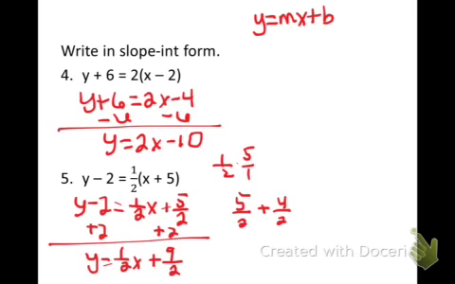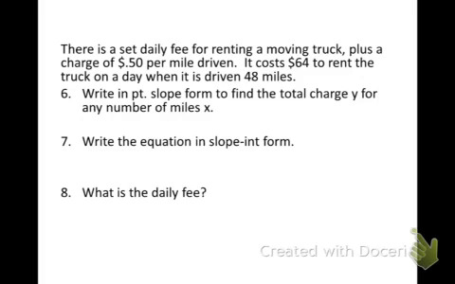Now we're going to see if we can use this in doing a word problem. In this word problem it says there is a set daily fee for renting a movie truck plus a charge of 50 cents per mile. So again, this is the constant rate of change, so this would be like the slope. It costs $64 to rent the truck on a day when it is driven 48 miles. First one says write in point-slope form to find the total charge y for any number of miles x.